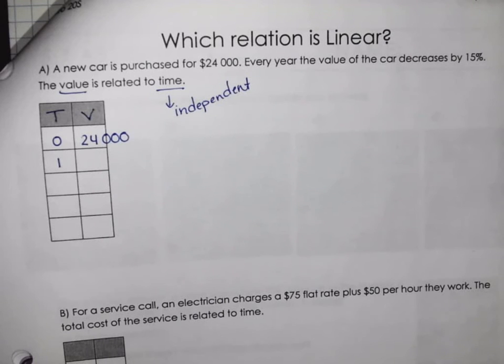So where'd you get the 3,600 from, Steve? Because I think you're on the right track. Dividing by 10, divided by 5, running those two together. 15%. Okay, so you took 10% of 24,000, and then you took 5% of that? Yeah. Okay. 3,600 decrease every year.